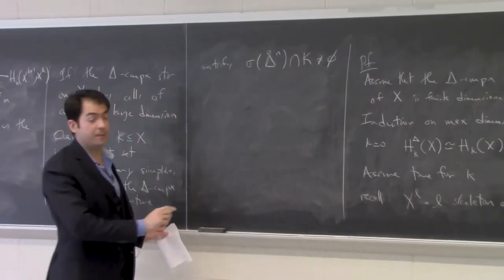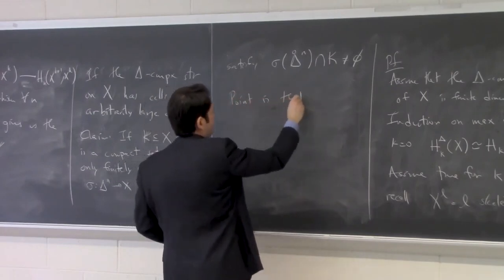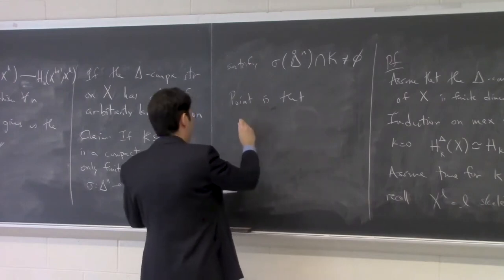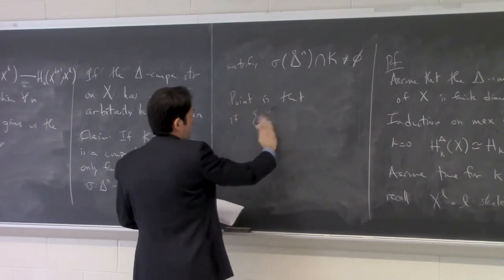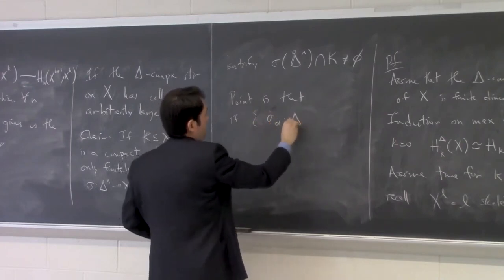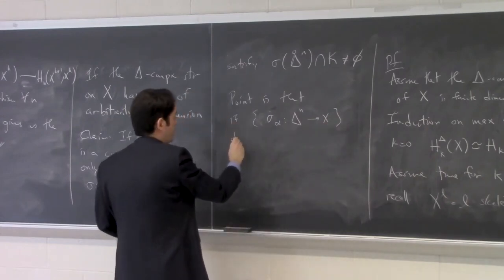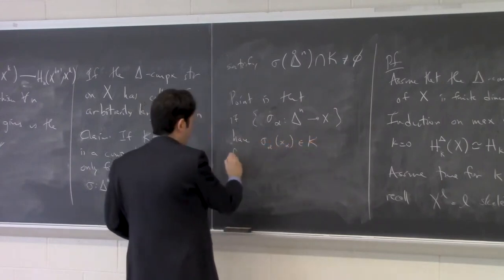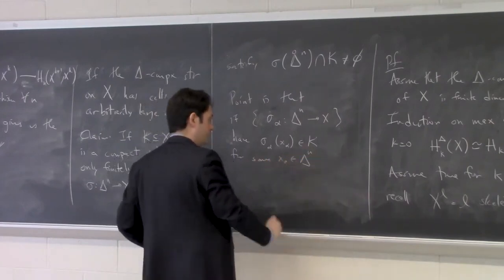Because it's compact, yeah. The point is, say sigma alpha from delta n to X, with sigma alpha of x alpha in K for some x alpha in delta n.